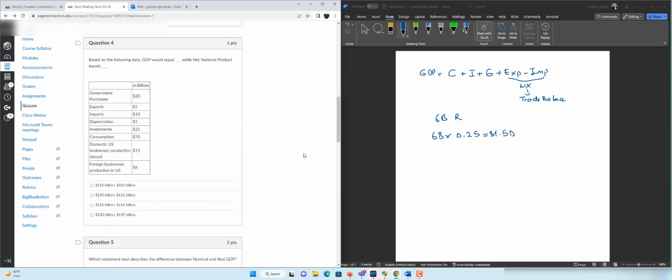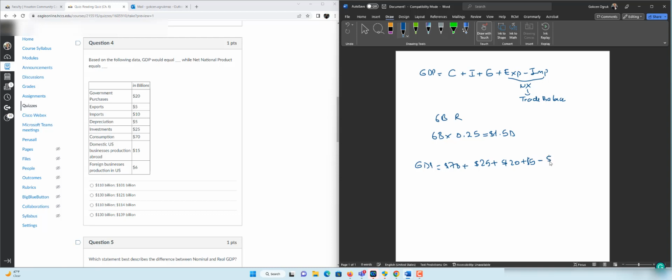Question number 4, based on the following data, GDP would equal, and then we need to find out net national product. So we know how to calculate GDP. GDP is equal to consumption, which is $70, plus investment, which is $25, plus government purchases, which is $20, plus exports $5, and minus imports $10.